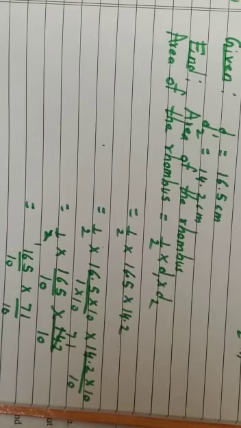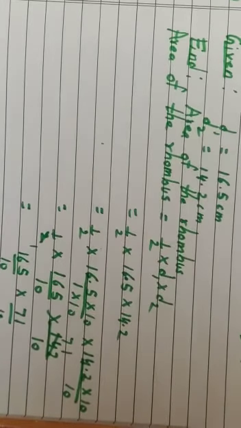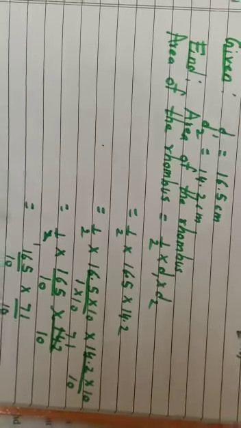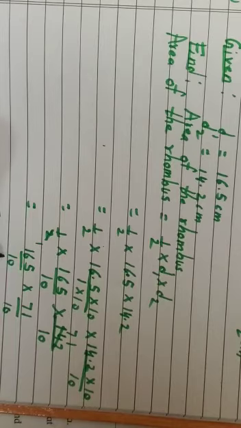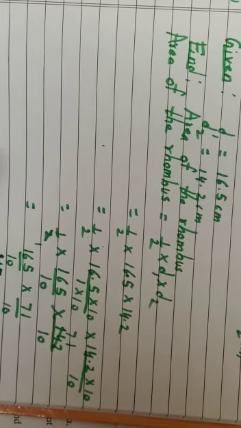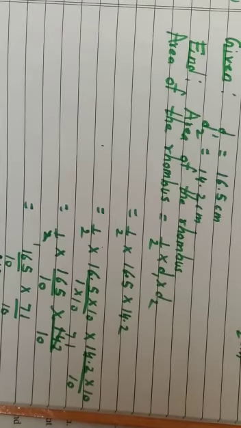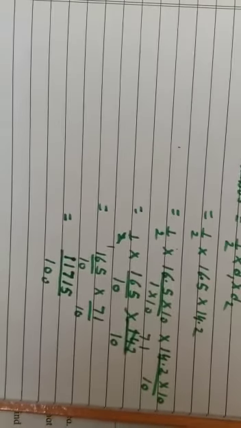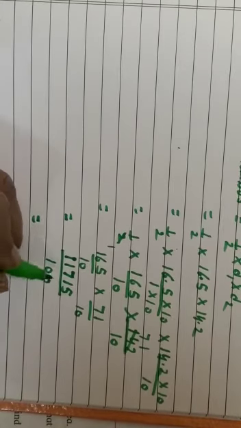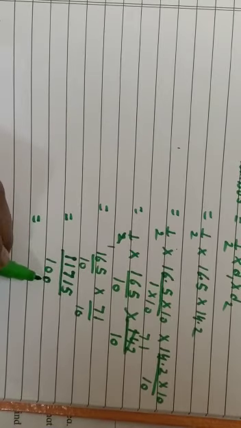Now 10 into 10 is 100, and 165 into 71 is going to give you 11,715. In the denominator there is 100.